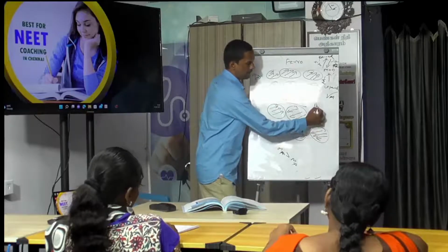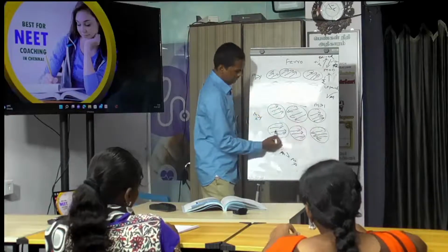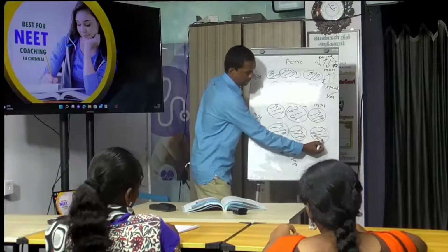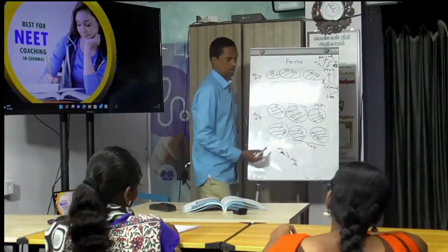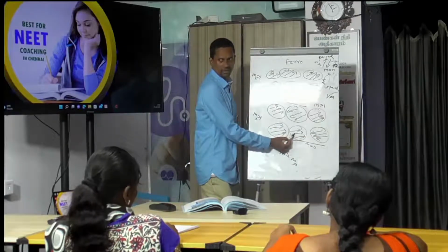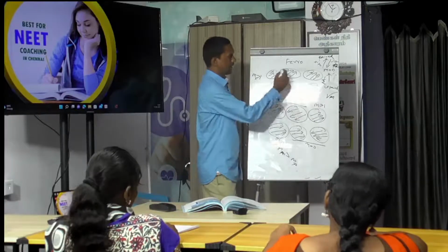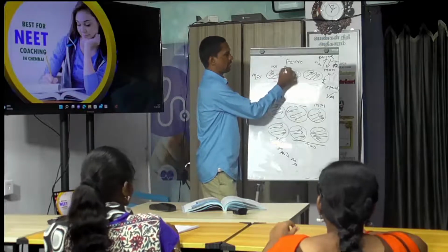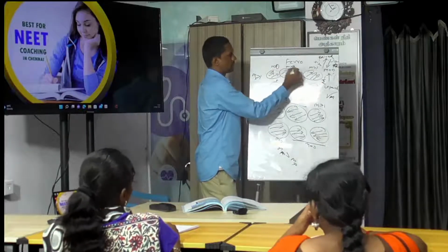But here magnetization is greater than 0 because it is in the different direction. Here again, this and this magnetization is 0 because this is counteracted by this one. So this one has some value, M is greater than 0. Here everywhere M is greater than 0.